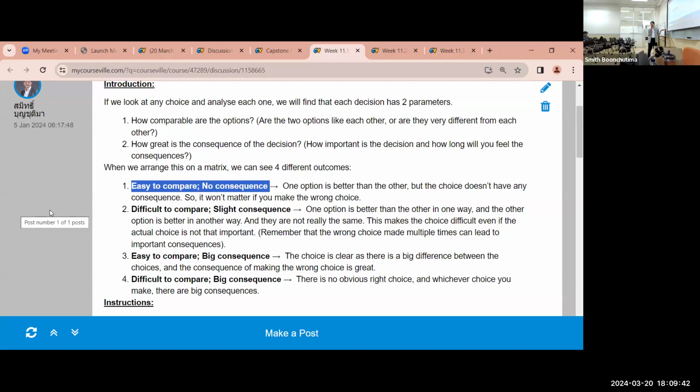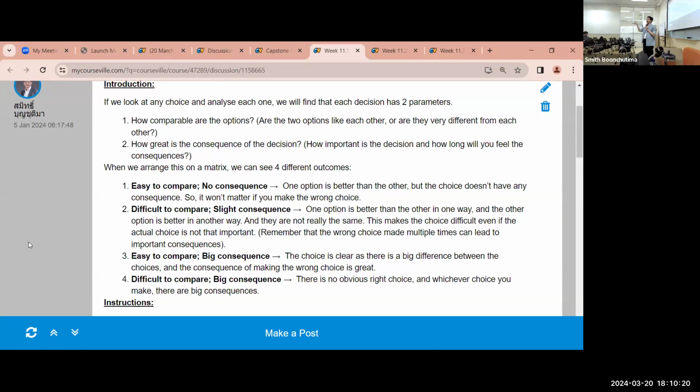So can you think about a scenario where you make a decision and things are very easy to compare and it doesn't have a big consequence if you take a wrong choice? The answer can be very subjective. Let's take me. I'm not so choosy or picky about eating. I can take whatever lunch.